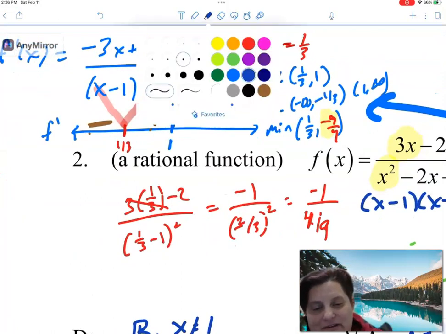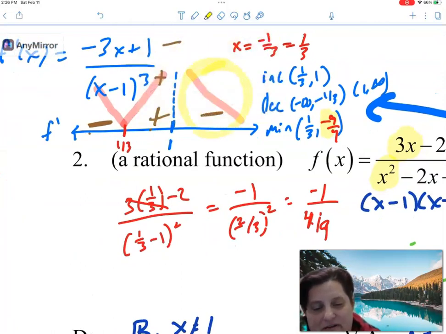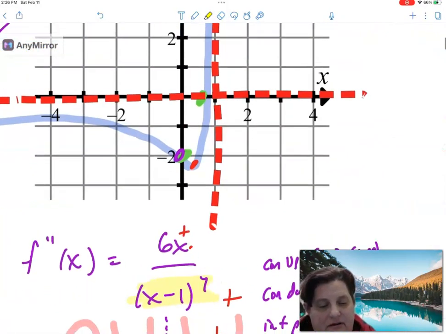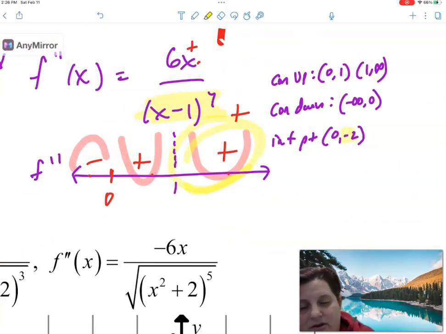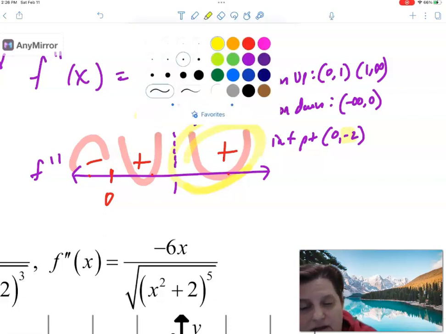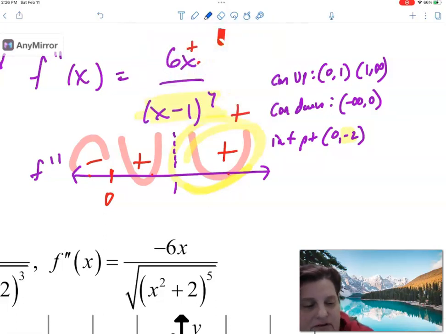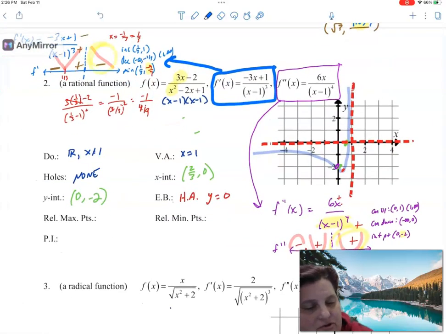It is decreasing and concave up. So what does decreasing concave up look like? Decreasing like that, maybe? Is there a good spot where that fits? Probably right like that.